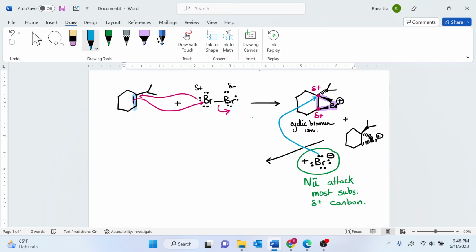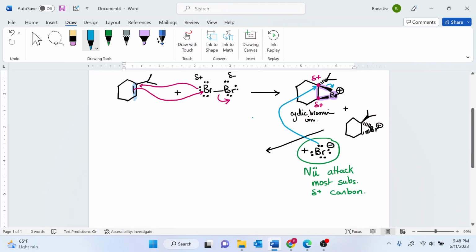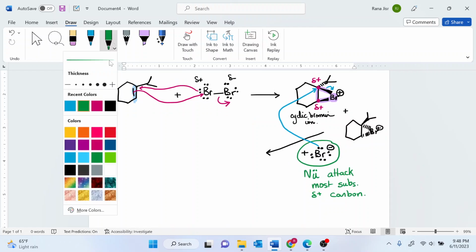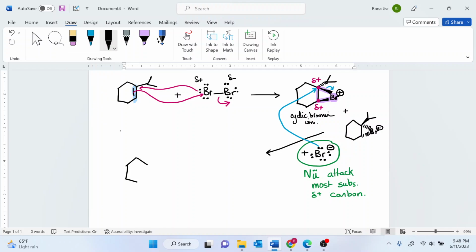So now my leaving group is going to be the bromine over here, and the bromine is going to come to the adjacent carbon. So my structure now is going to be my first product in there. The Br is going to be at the back because it attacked at the back. And what I did over here is that I pushed the bromine to the front.